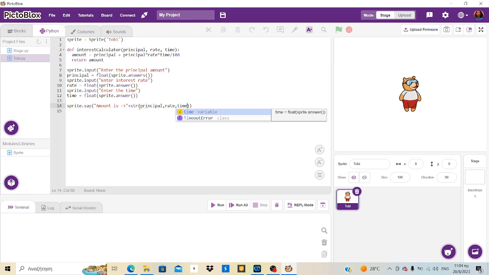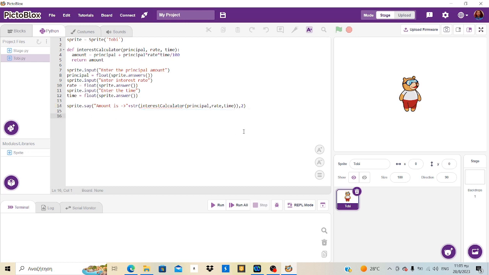But we have to use the interest calculator and we have to add some time. I have forgotten a word, interest calculator.